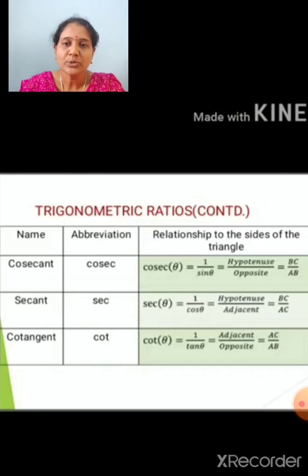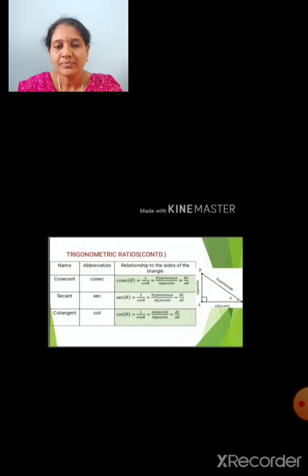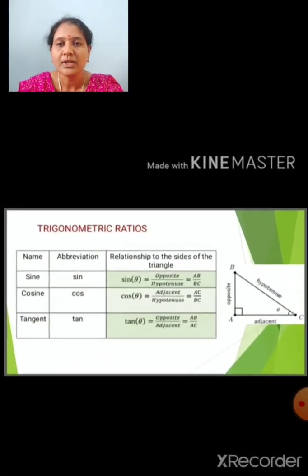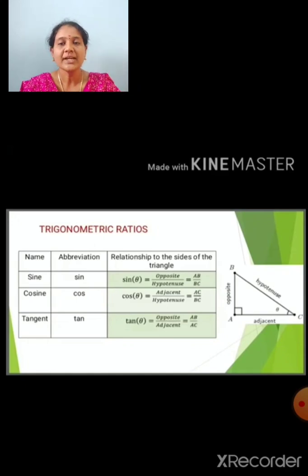Cosecant is written as cosec, secant as sec, cotangent as cot. So learn these six trigonometric ratios, and you can do the problems. You have to recall in your mind, children, how many trigonometric ratios are there? There are six: sine, cos, tan, cosecant, secant, cot.